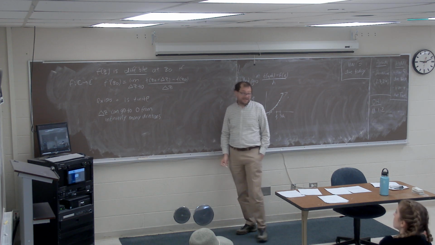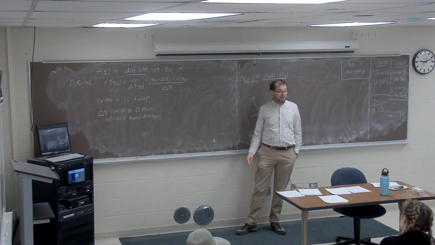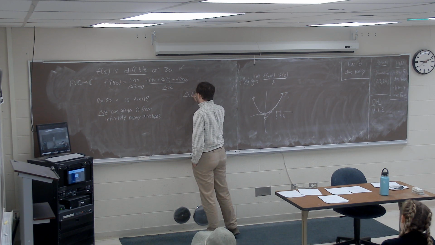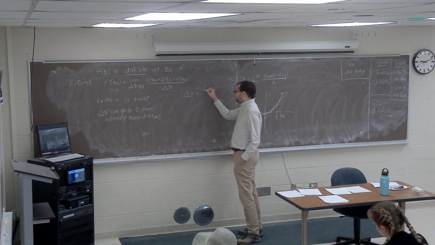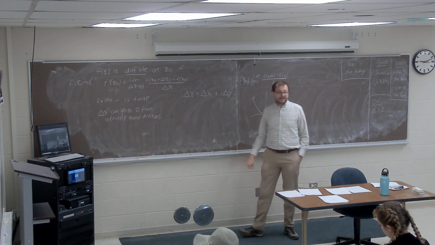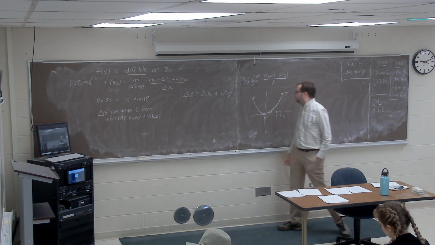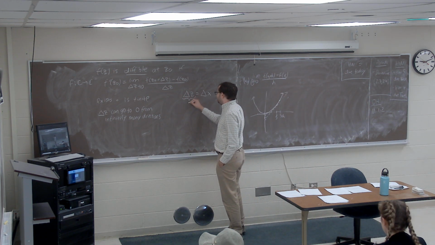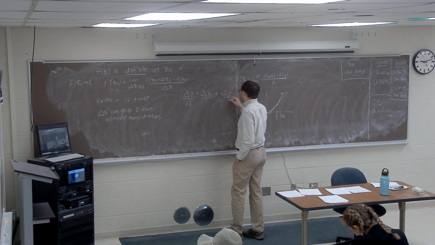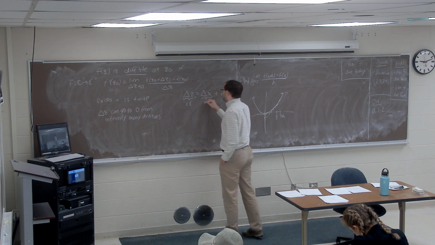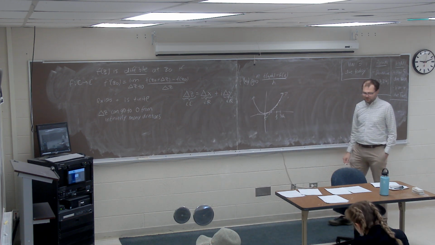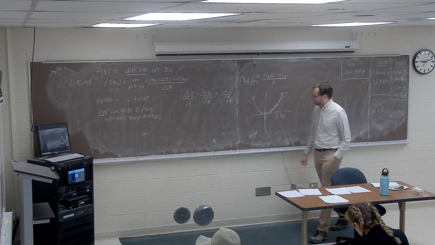So delta z as a complex number is also going to have real and imaginary components to it. And then any delta z can be written in the form some delta x plus i times some delta y, where delta z is a complex number, and delta x and delta y are some real numbers corresponding to a geometric change in the complex plane.